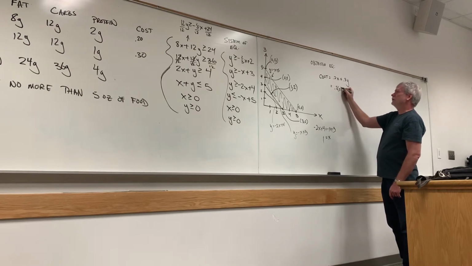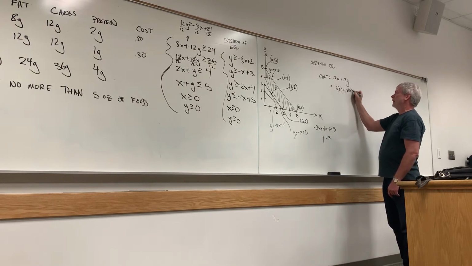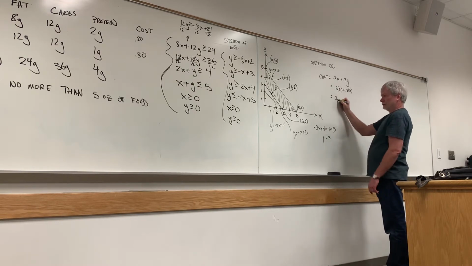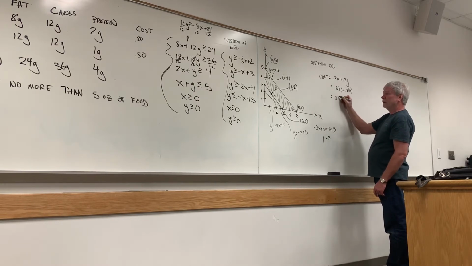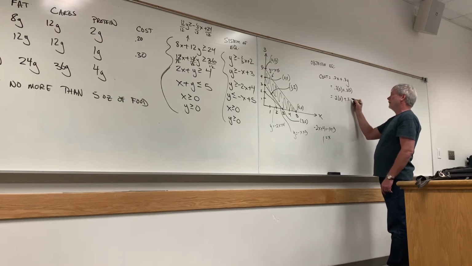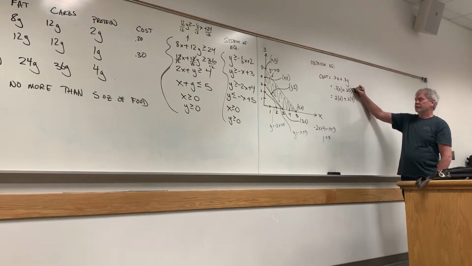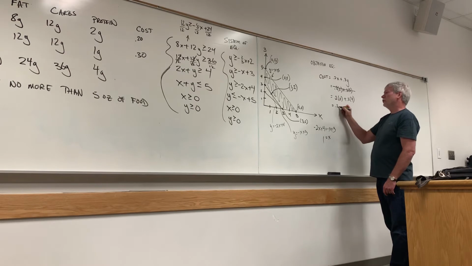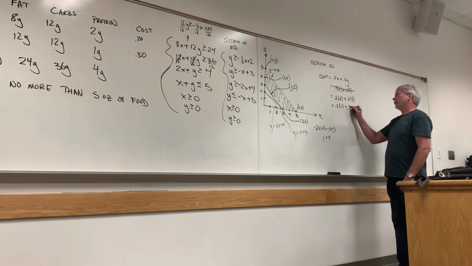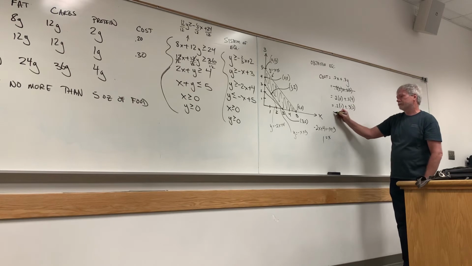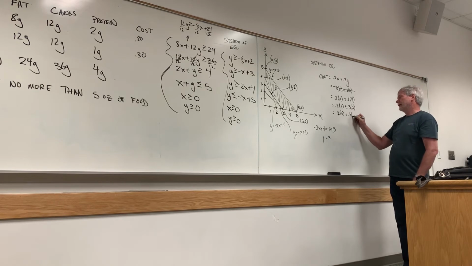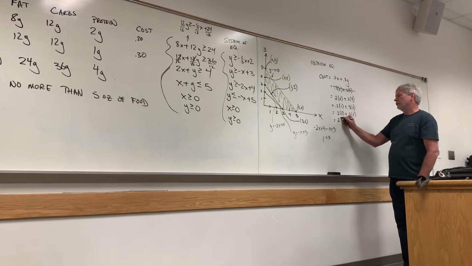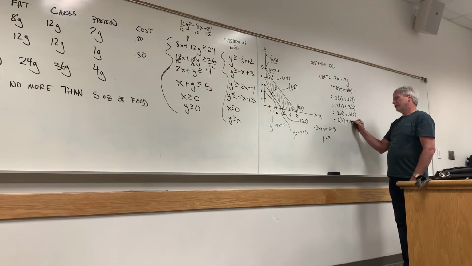0.2 times 0 plus 0.3 times 5. Then 0.2 times 0, 0.3 times 4. That's going to be cheaper than this. 0.2 times 1 plus 0.3 times 2, I've got to look at. 0.2 times 3 plus 0.3 times 0.